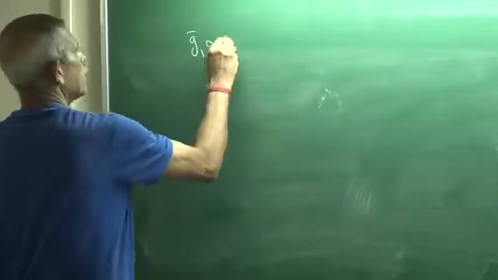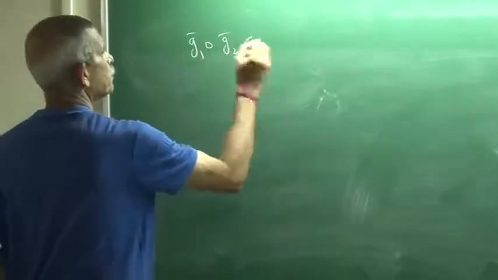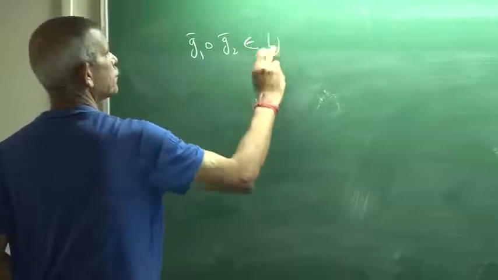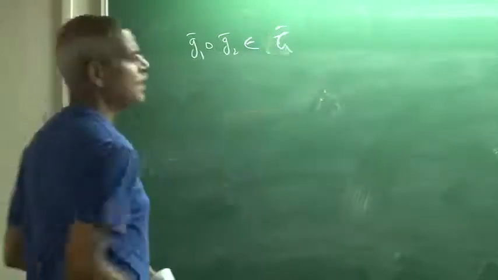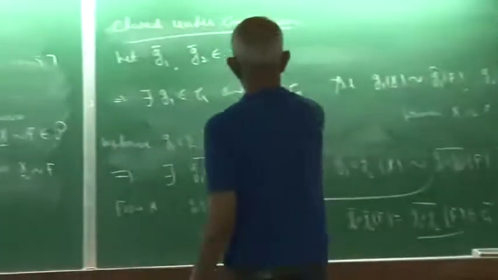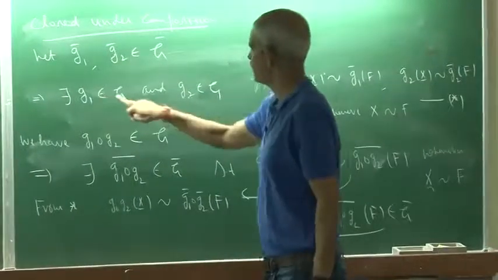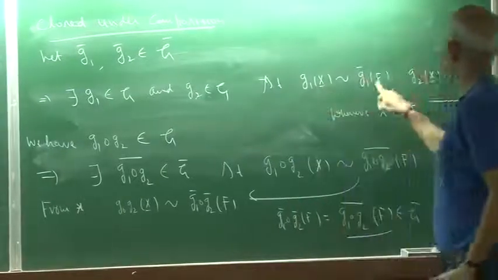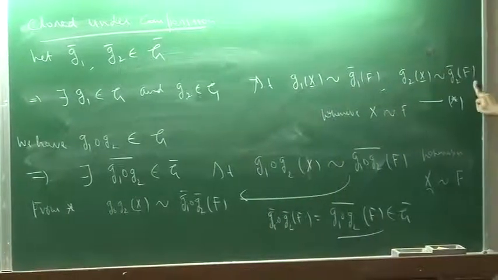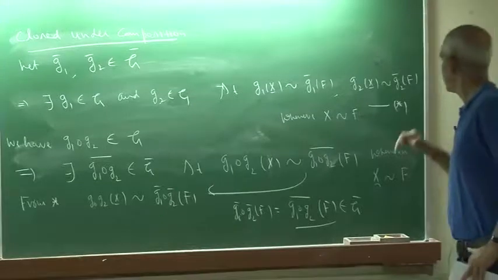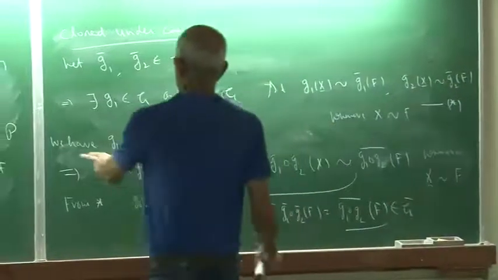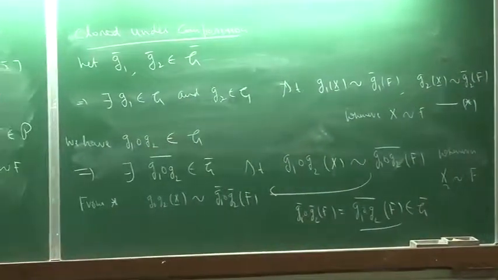So very simple, because first I ensure the existence of G1 and G2 such that G1x has G bar 1 f, G2x has G bar 2 f, whenever this.